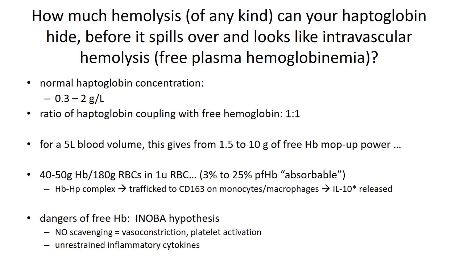There are dangers of free hemoglobin, and this is often summarized in the INNOVA hypothesis, which stands for impaired nitric oxide bioavailability. Nitric oxide is also known as endothelium-derived relaxing factor.